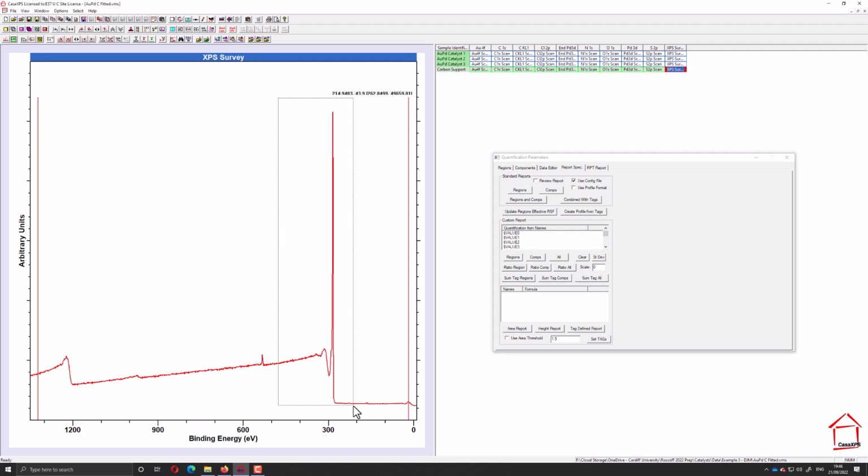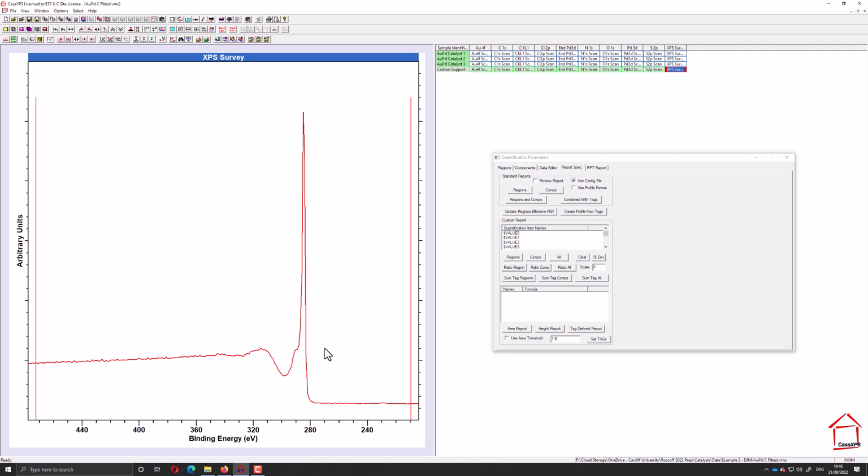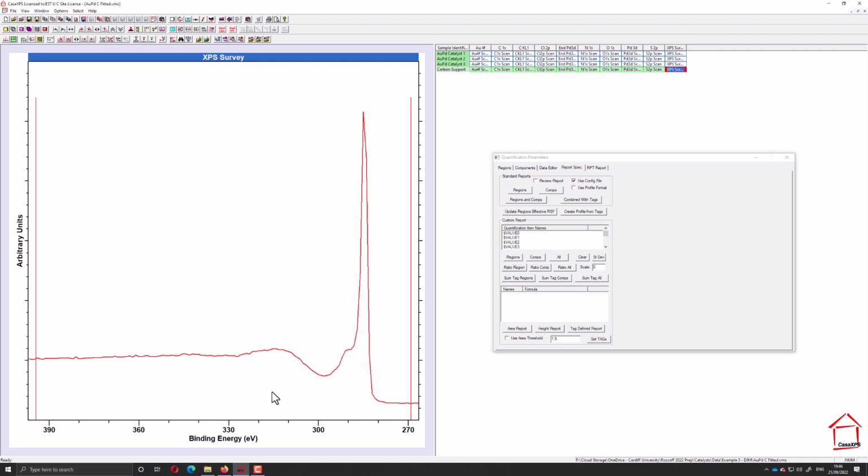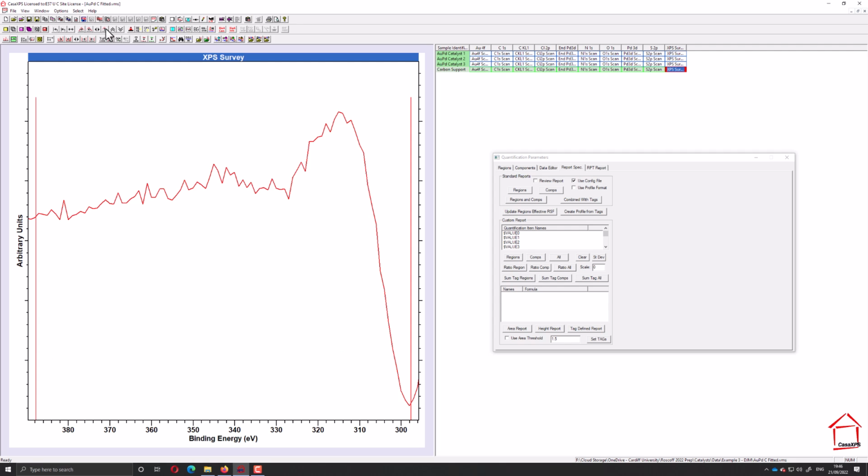But if we zoom in on the carbon peak itself, palladium has a binding energy of about 335 electron volts. So again, if I zoom in further, we're in this region here. And what we can see again, if I extend into this region and expand, we have this large loss peak after the photoelectric event of the carbon, between about 300 and 330.